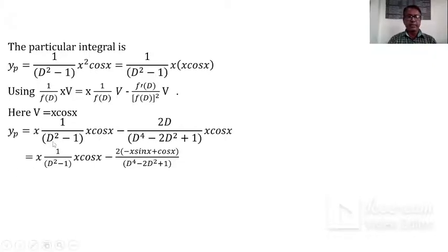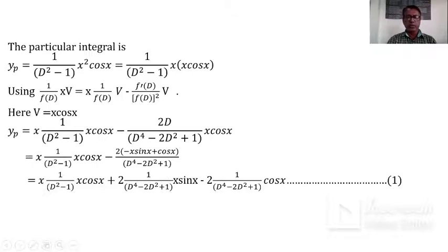This we take as it is, and we take the derivative of this: this is minus 2, x as it is, derivative of cos x is minus sin x, plus cos x as it is, derivative of x is 1.